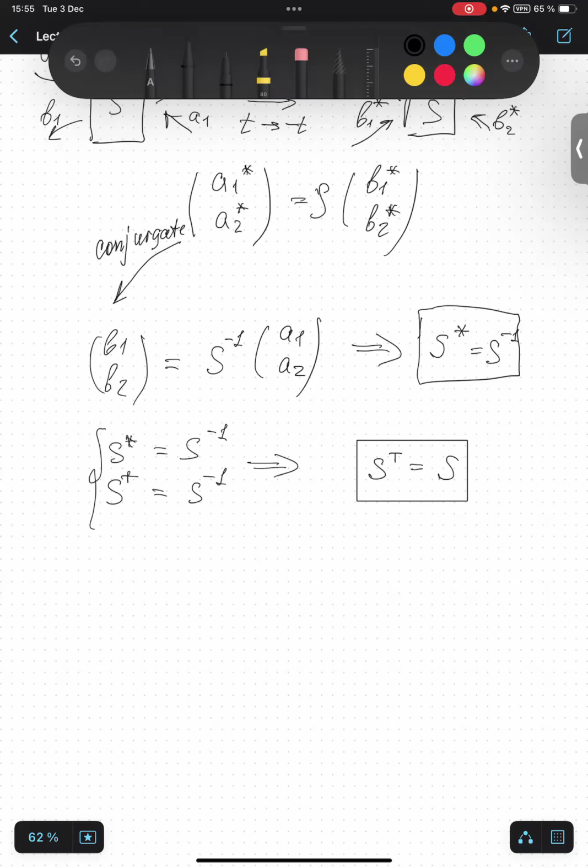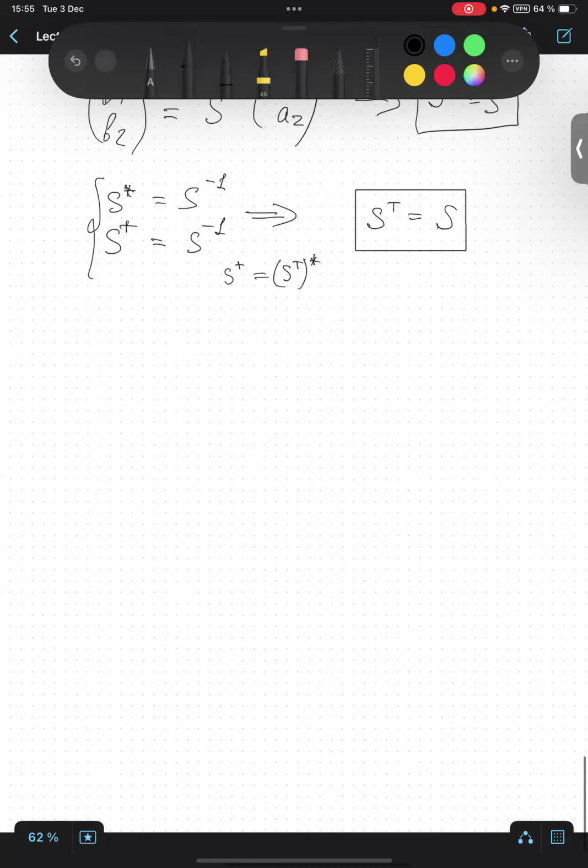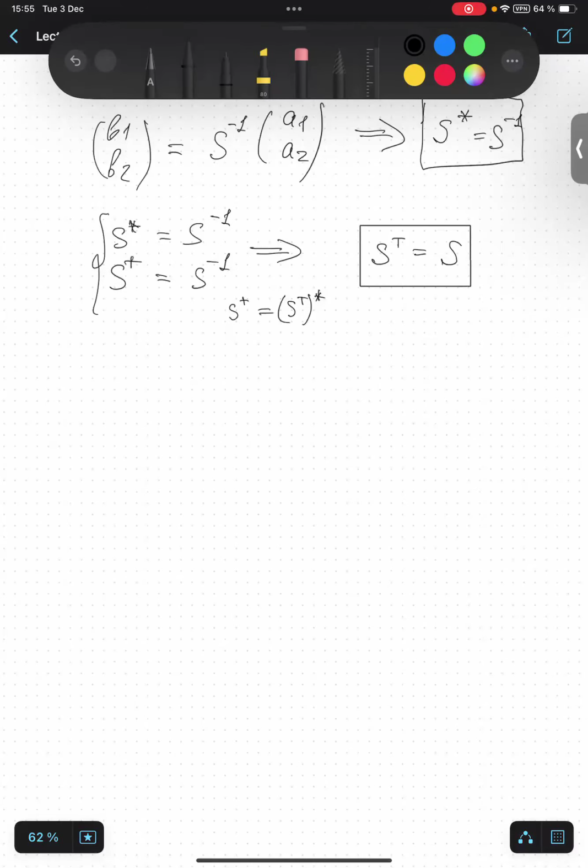Just in case, I will write that S plus is just S transposed and conjugated. It is Hermitian conjugation. So actually, this results in reciprocity.